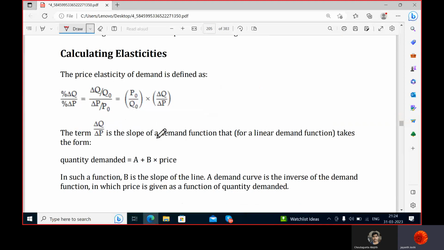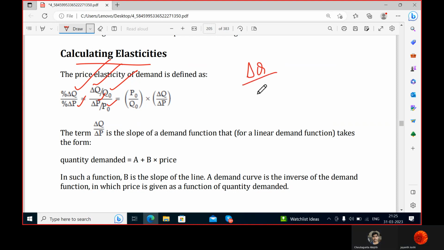So here I have given some equations, Abhijit. Percentage change in quantity demanded by percentage change in price. This is the base quantity, change in price, change in quantity, and the base price.